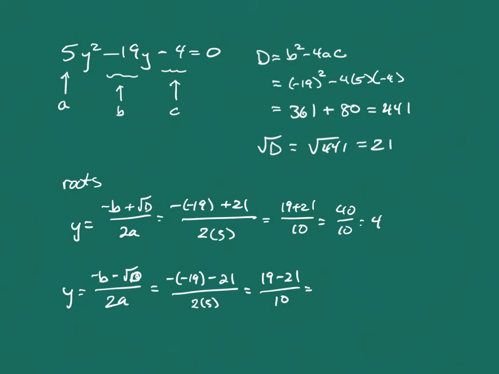So that's going to give us minus 2 over 10, which we then simplify to negative 1/5. So that tells us that we've got two solutions, one of them at 4 and the other one at negative 1/5.